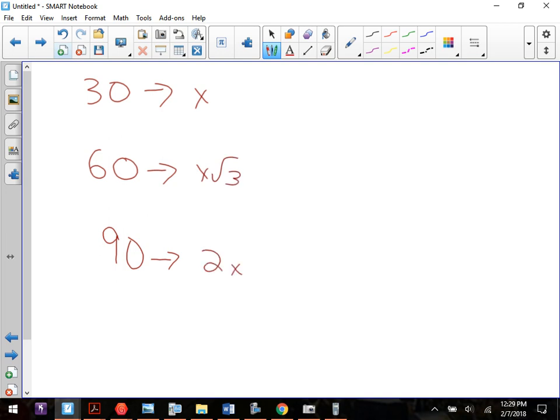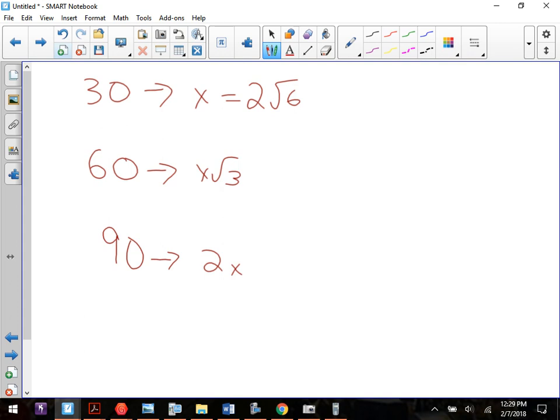And across from which angle do I know the side length? I know across from the 30. So across from the 30 is some value of x, and according to our diagram, that value of x is now equal to 2 root 6.